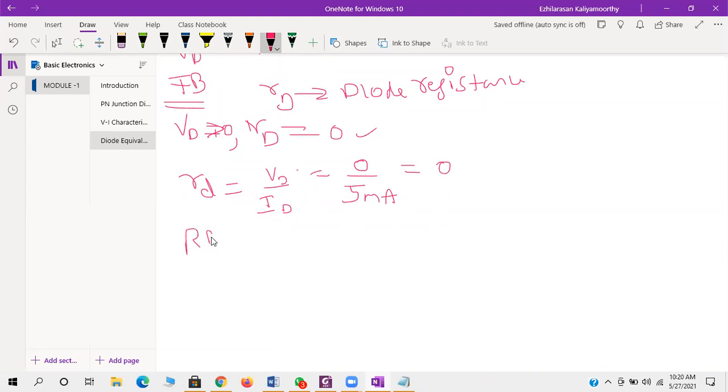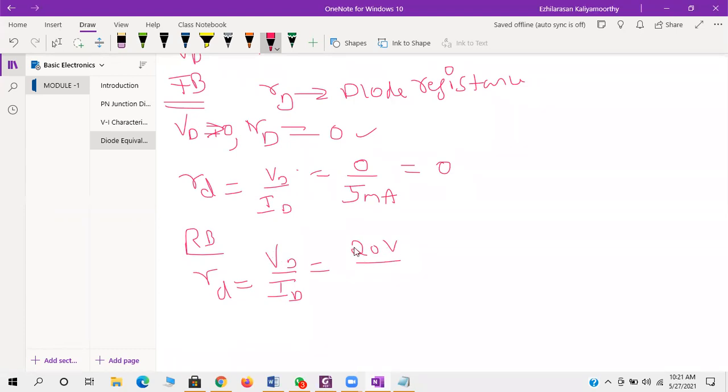Next, during the reverse bias, the diode resistance RD will be VD by ID. Now during reverse bias, assume VD is equal to 20 volt that I am applying, divided by the ID for whatever voltage you apply here.